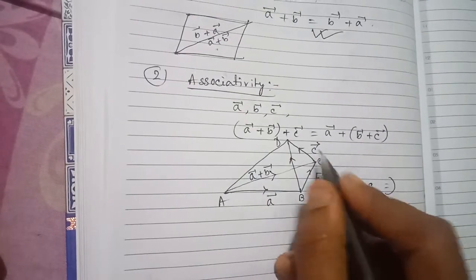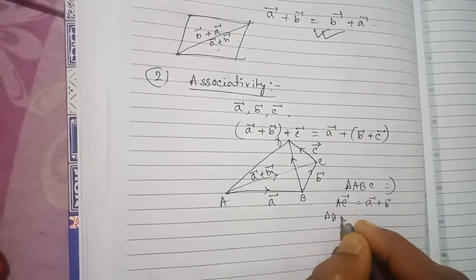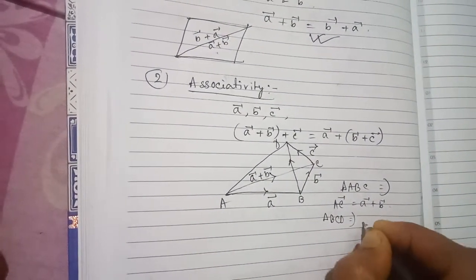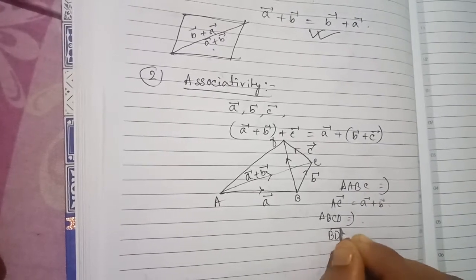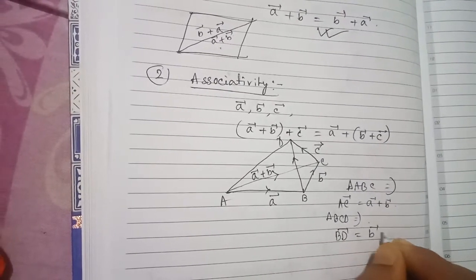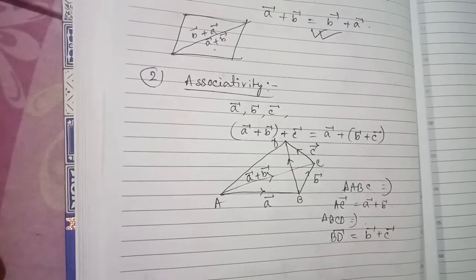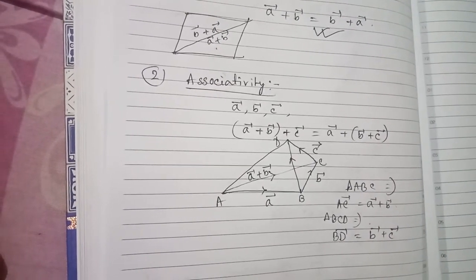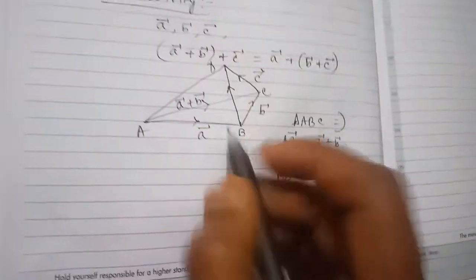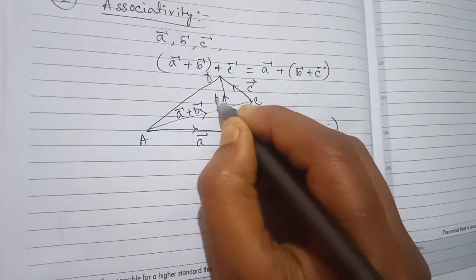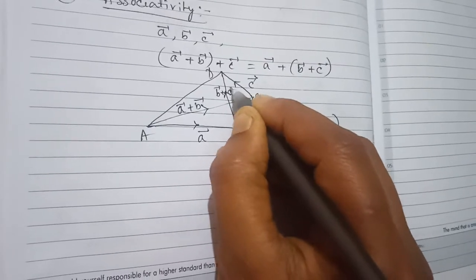Again from triangle BCD, we can write BD vector equals B vector plus C vector. Okay, this is B vector plus C vector.